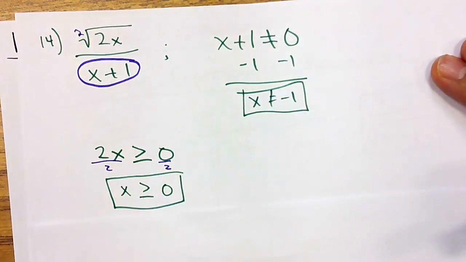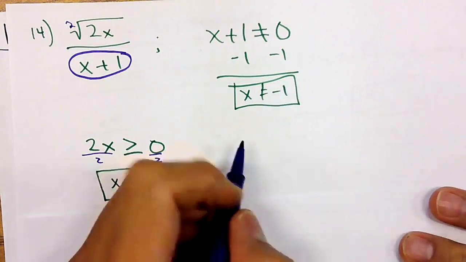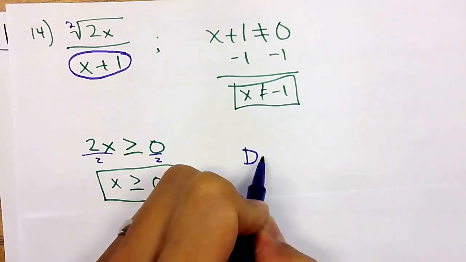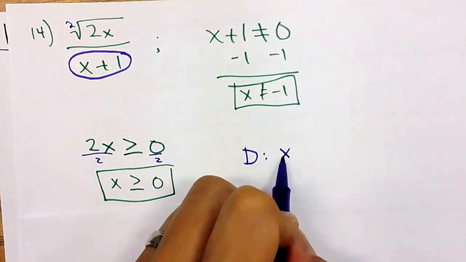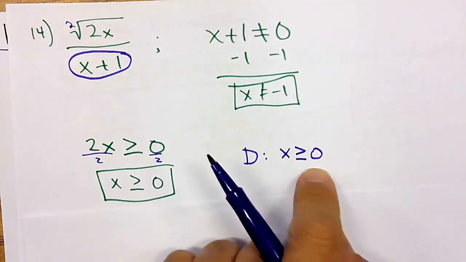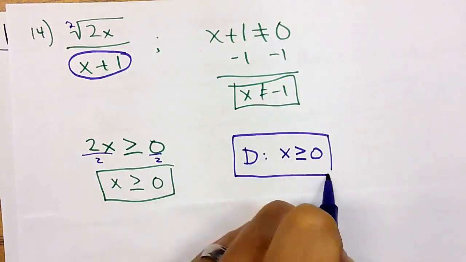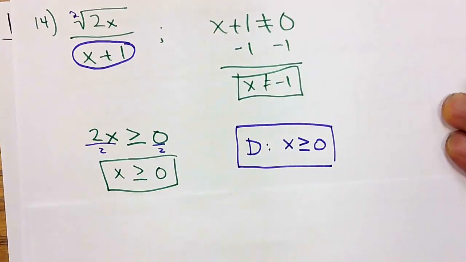So there is my domain: x needs to be greater than or equal to 0. If it's greater than or equal to 0, it already cannot equal negative 1. So this would just be my domain.